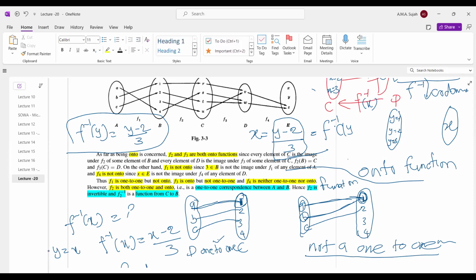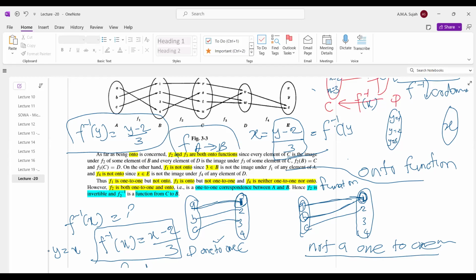Did you understand? To have an inverse function, first you need to check whether the function is one-to-one and onto. If they satisfy both conditions, then only that function f of x has an inverse function. To find the inverse function, you need to clearly understand the concept. Let's say f from A to B is a function.